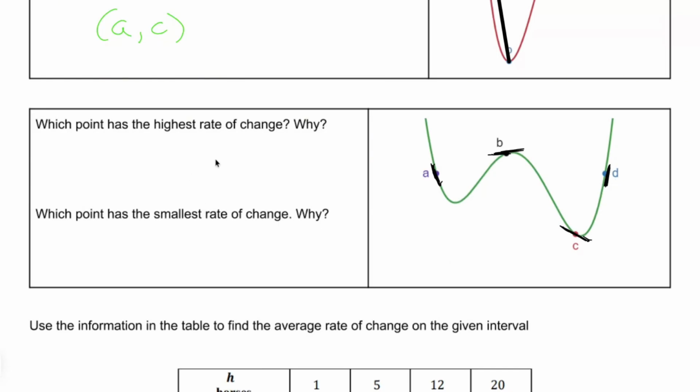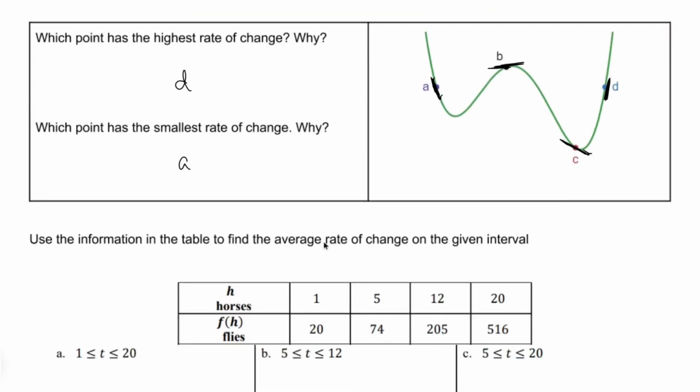So which point has the highest rate of change? D does, because that would create a roller coaster car that is moving up and to the right at the steepest. Which one has the smallest rate of change? A would, because that would appear to be a roller coaster car going down and to the right at its steepest with a negative slope.